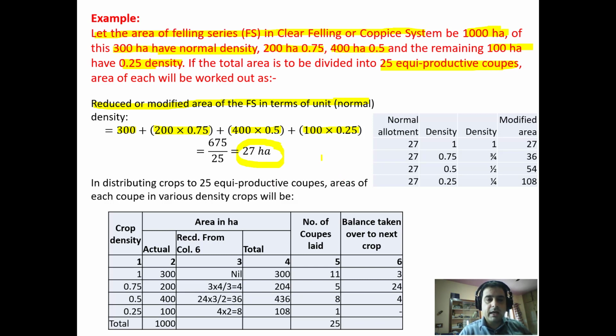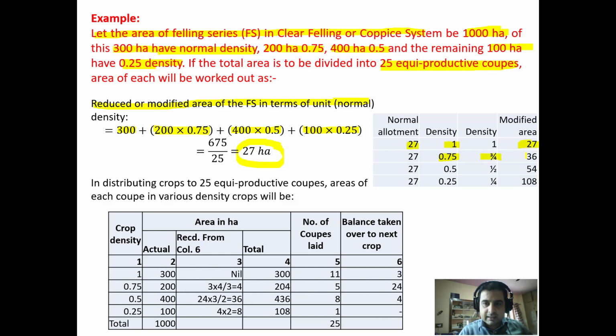A coop with a normal density has to be given 27 hectares based on the given conditions. Now if the density is 1, the modified area for 27 hectare will be 27. If the density is 0.75, this 27 is to be multiplied by 4 by 3, not 3 by 4, 4 by 3.